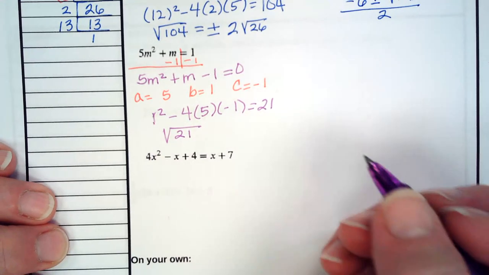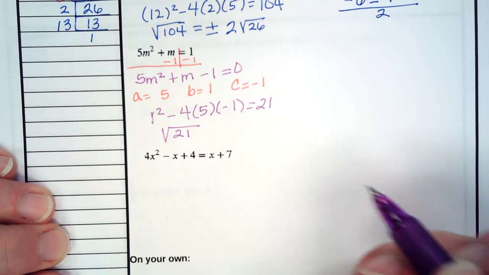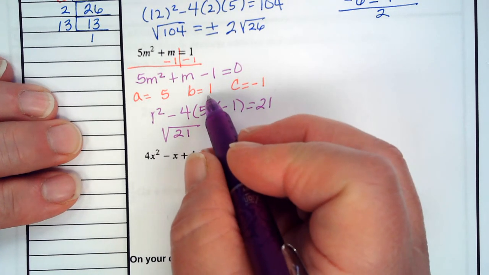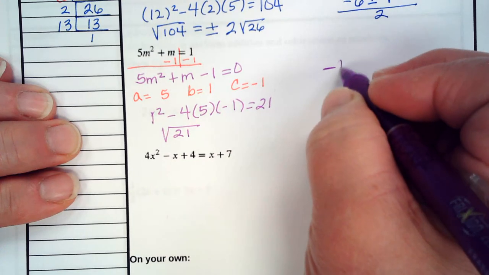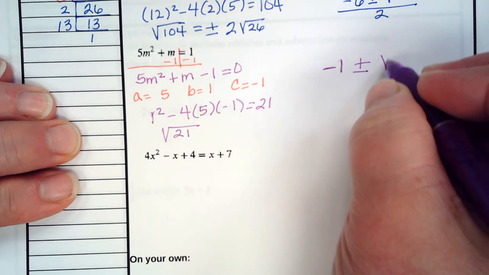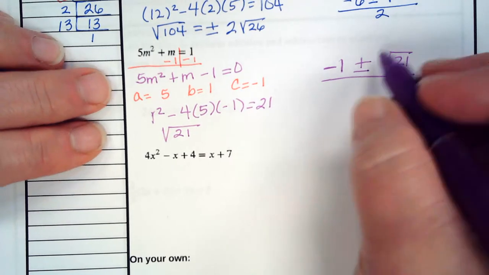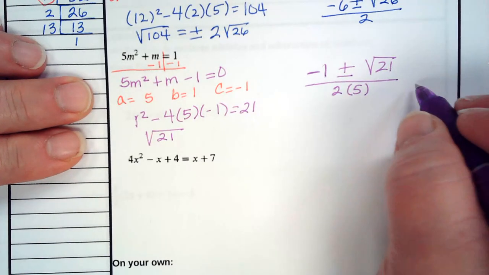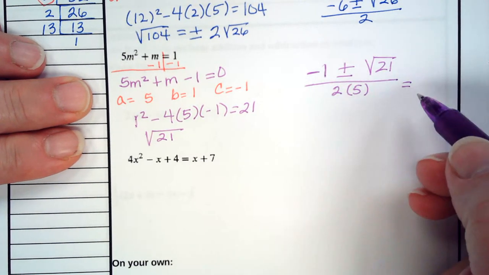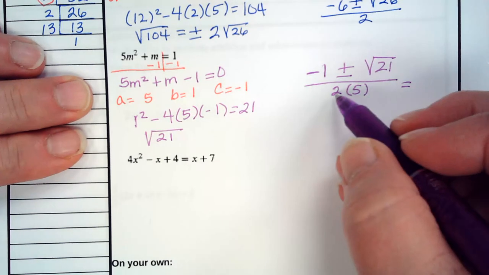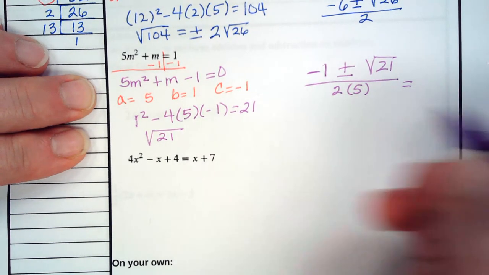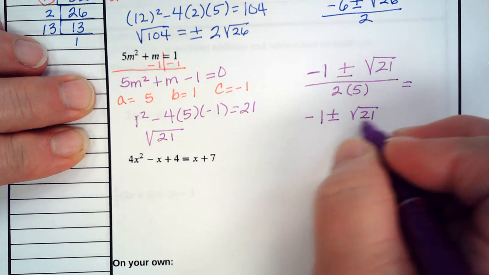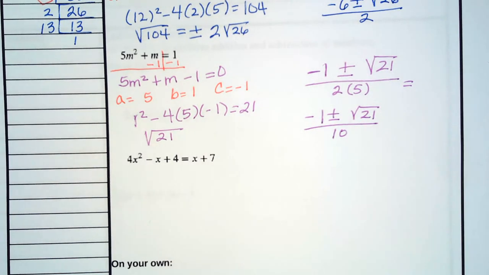Well, the only factors of 21 are 3 and 7, so that is the square root of 21. Put it into our formula. The opposite of b. b is 1. The opposite of 1 is negative 1. Plus or minus the square root of 21 all over 2 times 5, 2a. I have nothing that can be simplified, so all I have to do is multiply 2 times 5 for my denominator. Negative 1 plus or minus the square root of 21 all over 10 is my answer.